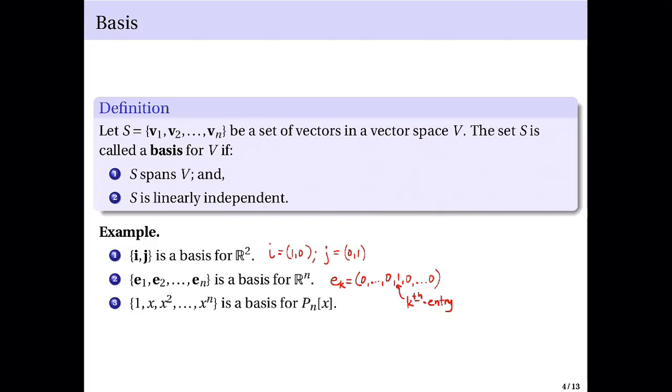For example, i, j is the standard basis for R2. If you found another basis for R2, it's not the standard basis. E1, E2 until En is the standard basis for Rn. If you found another basis for Rn, that's not the standard basis. But they are still bases.